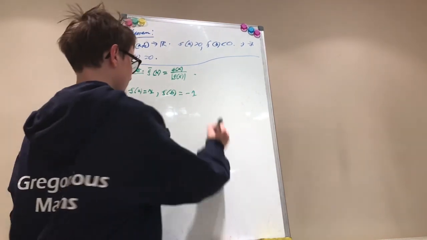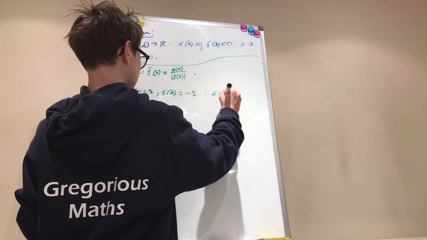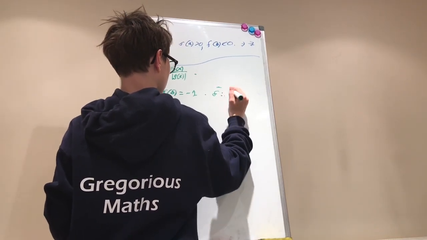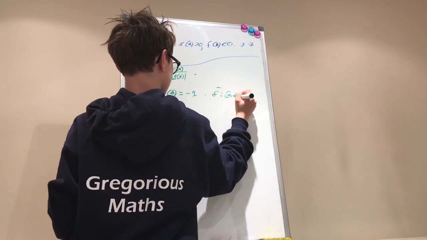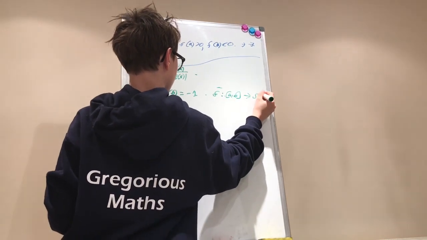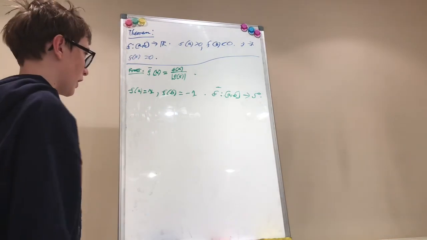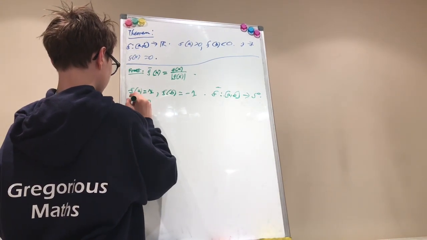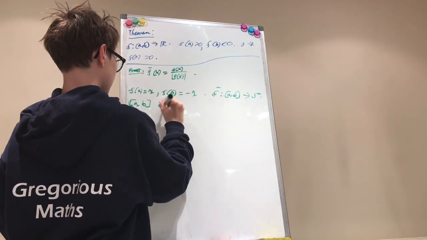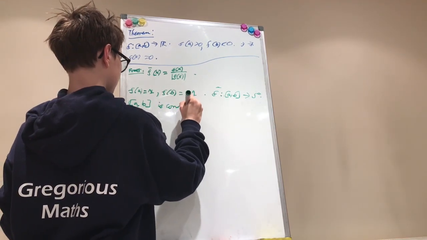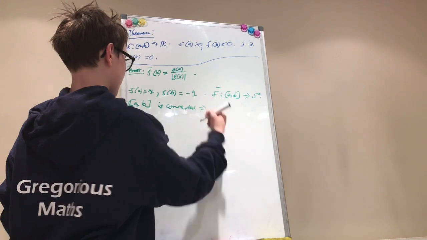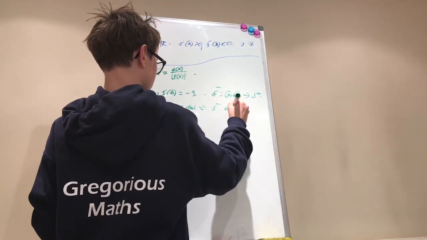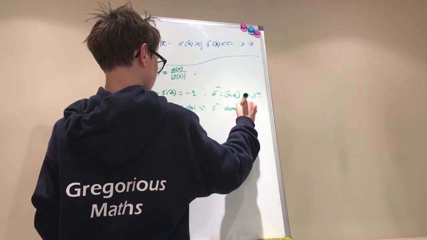We can think of this function as a function f bar that goes from the closed interval between a and b to the zero sphere, and by a similar argument as before, this closed interval here is connected, therefore implying that f bar doesn't exist.